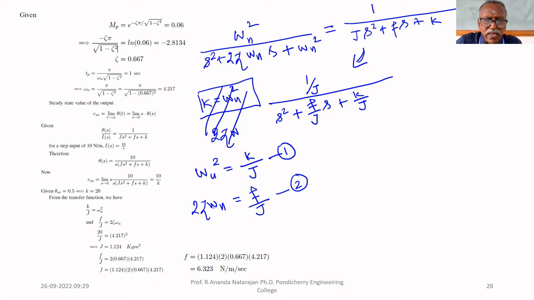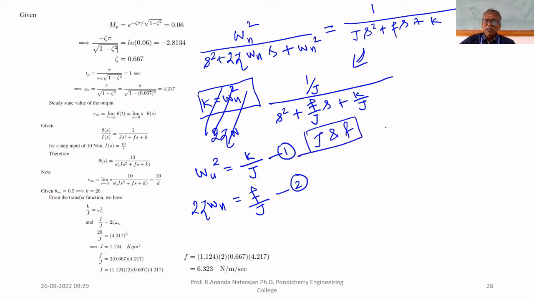Therefore, we can substitute the k value and the zeta value. We know the zeta value 0.667. If we substitute that, we can find J and f.